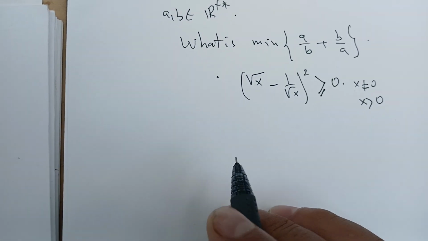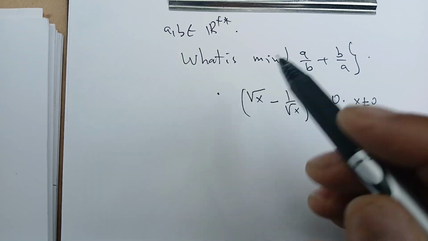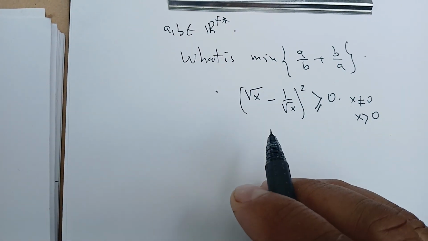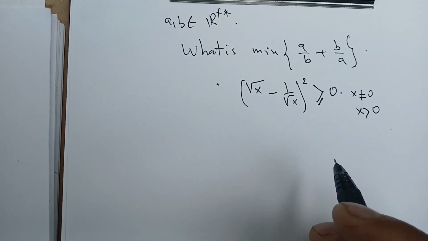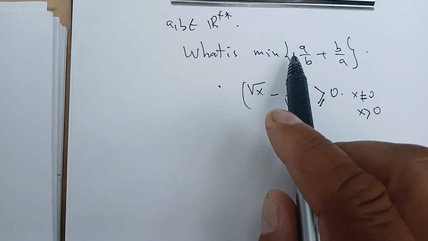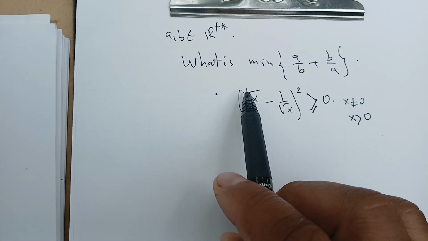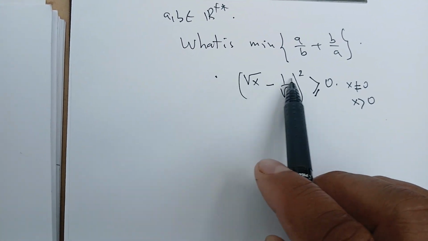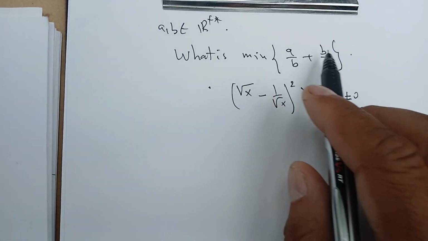Okay, let's solve this one. Our aim is to find the minimum of a number and its inverse, assuming that the number is positive. In our case, we're trying to find the minimum of a over b plus b over a. With this hint, we're going to work this out.